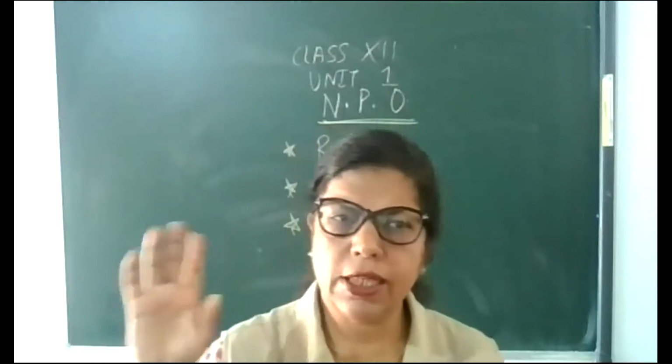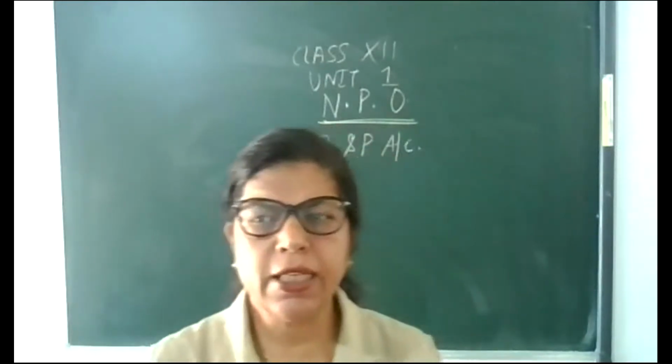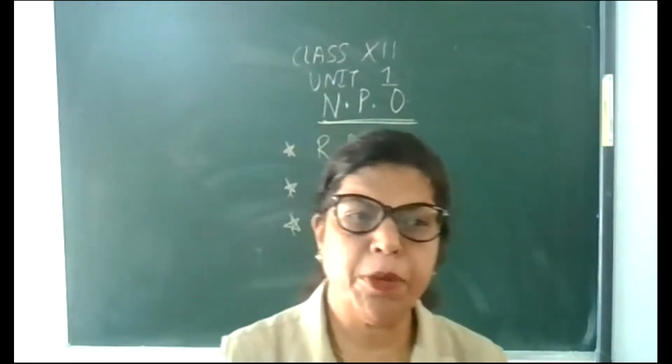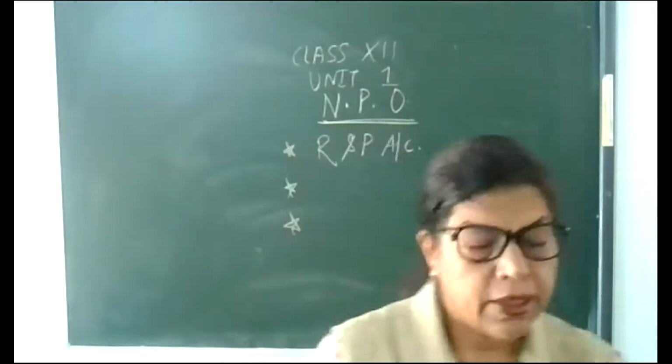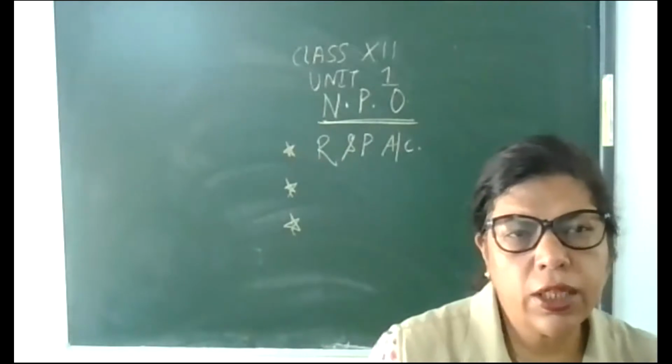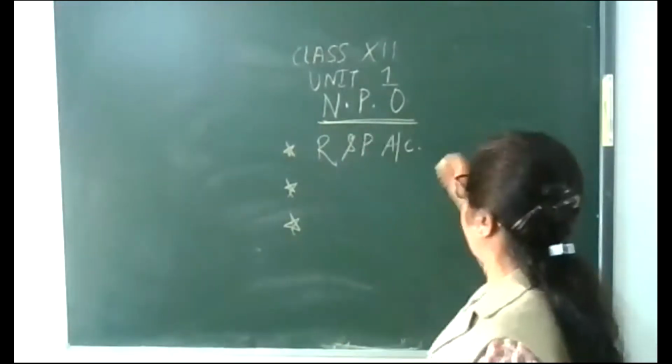First of all, receipt and payment account. As I explained to you, receipt and payment account is just like a cash book. And cash book means all the inflows and outflows.